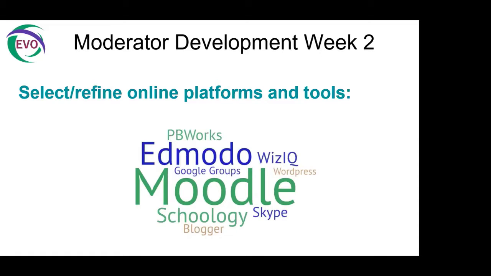But if you like PBWorks, I love PBWorks, then you can have your content on PBWorks. It makes everything very nice and clear, and everybody can find their way around. And you can use an external platform for communication, such as Google Groups, or maybe Blogger, or maybe WordPress. Blogs are a good way. Canvas? Yes, Canvas has a free version. We will include it next year. Maybe we will even try it.